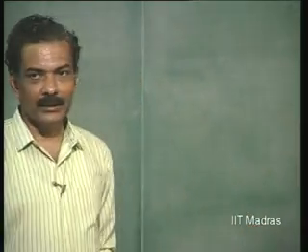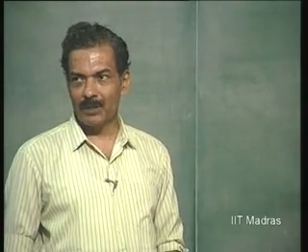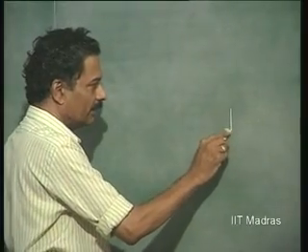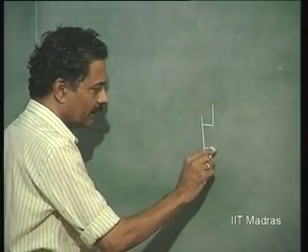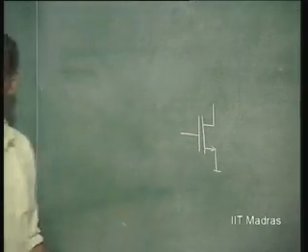Now, let us consider the circuits which are possible with these active devices. As we did in the case of the bipolar junction transistor, first we will consider the basic inverter.